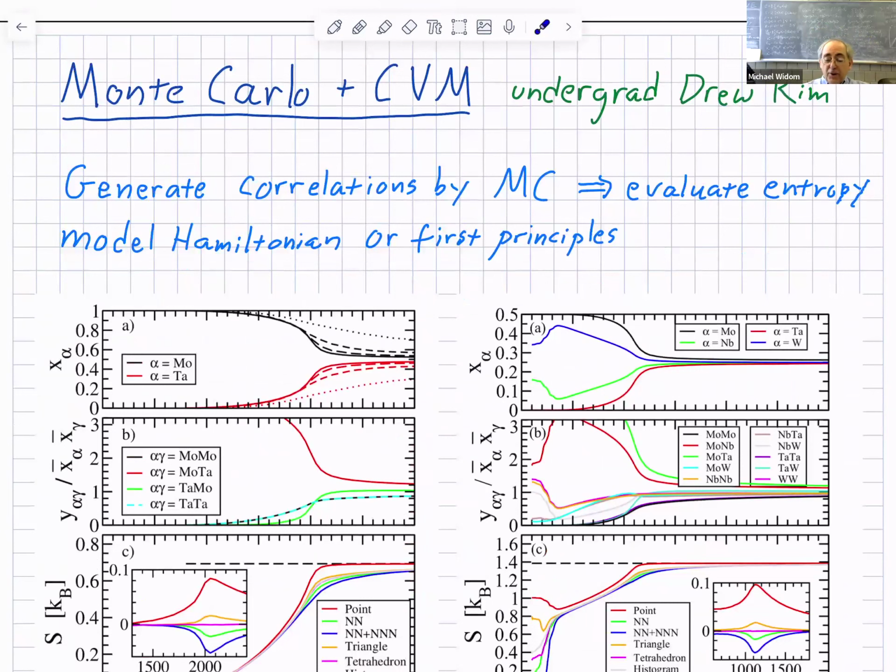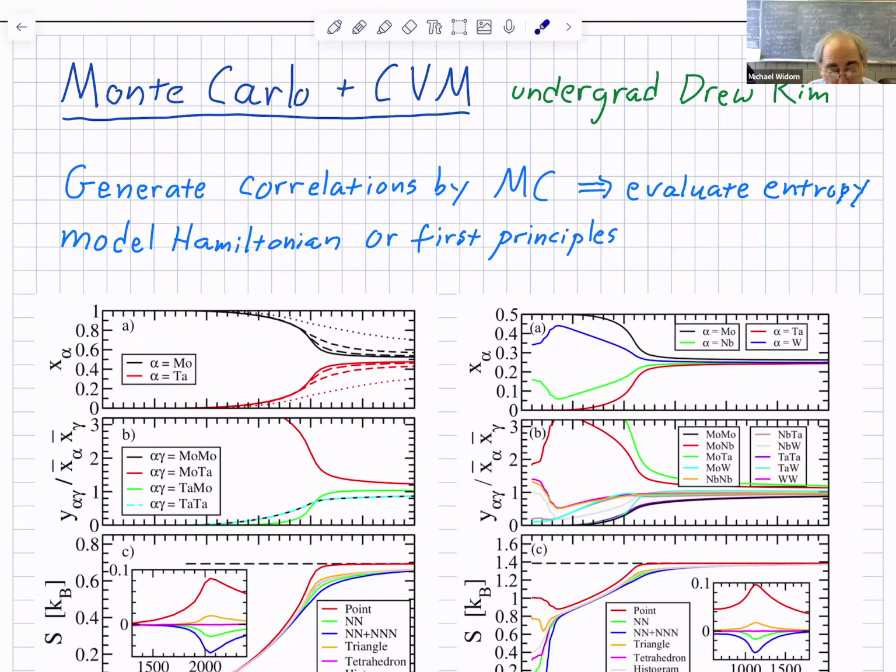Yes. And then thank you for mentioning Monte Carlo. I've had a series of projects with undergraduates over the years that involve the combination of Monte Carlo and cluster variation method.